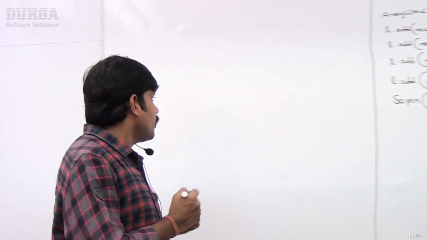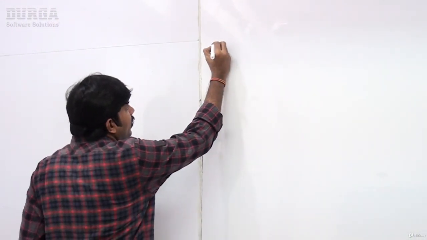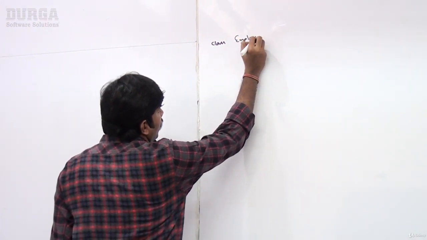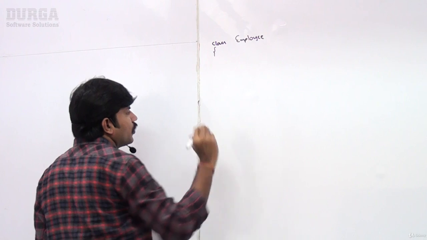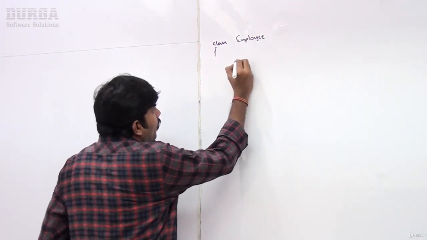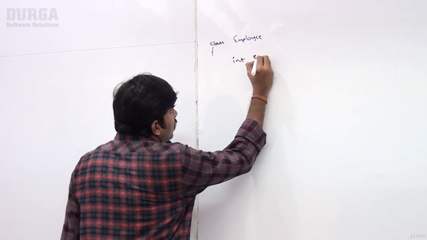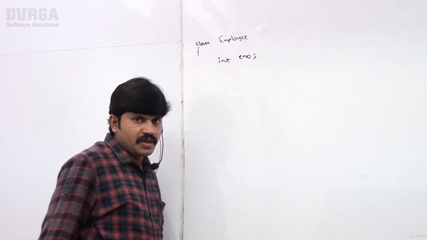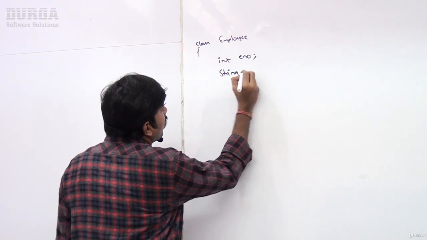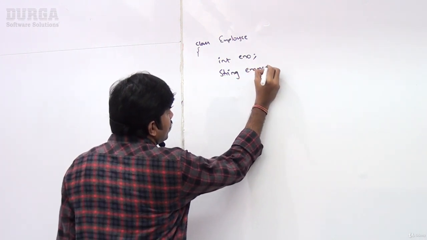Observe that. I want to take my own employee class. This employee class contains two properties: int employee number and string employee name. Observe that carefully, sir.